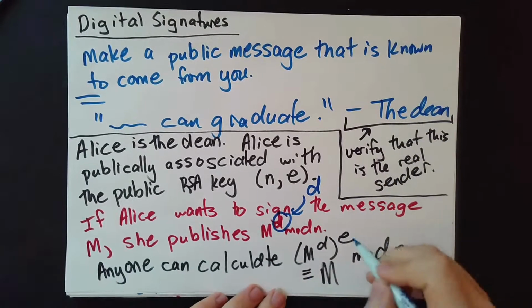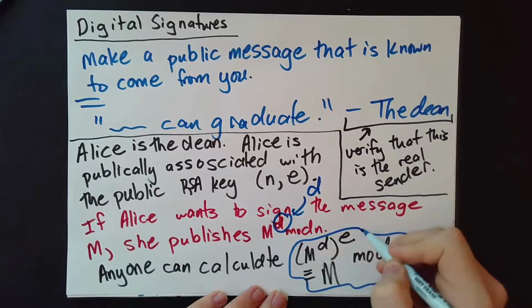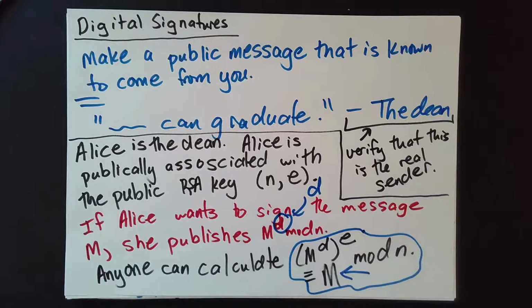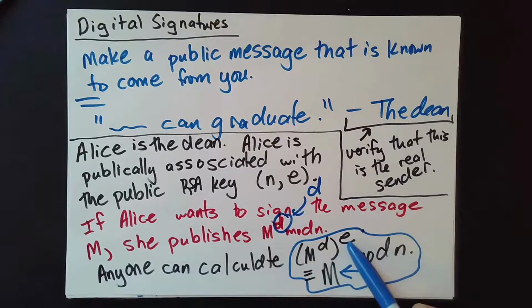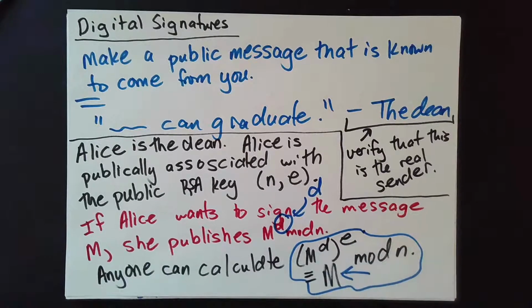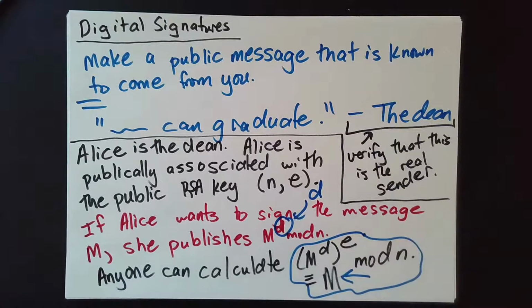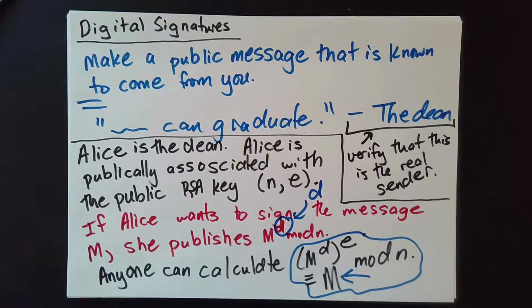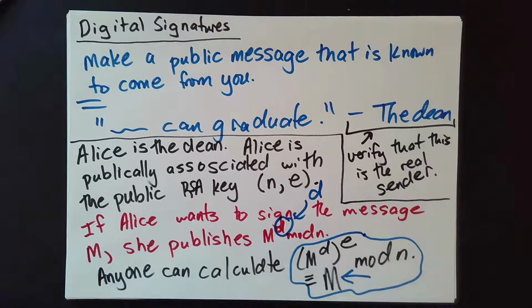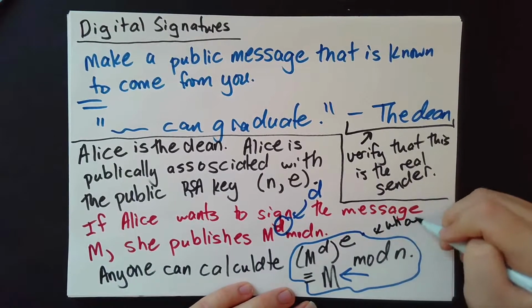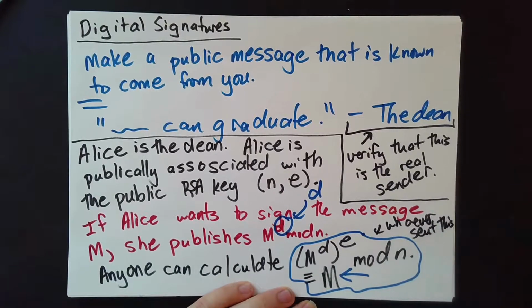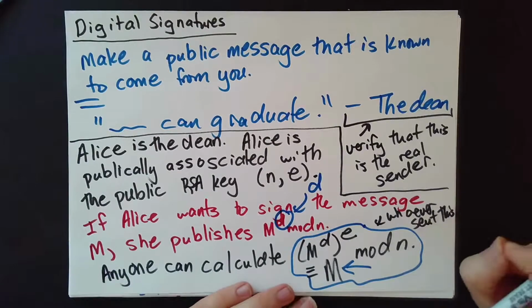And when someone calculates this m to the d to the e and gets a sensible message, well, the only way anyone could have found something that when raised to the eth power gives you a sensible message is if that person knew D. And hence, if someone is able to post a coherent message after doing this, that person must be Alice, because they have to have known Alice's private key. To say that more precisely, someone who sent this must know Alice's private key.